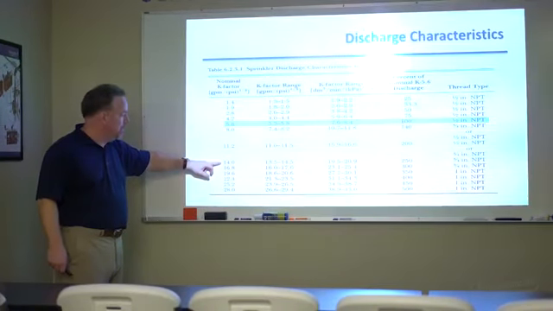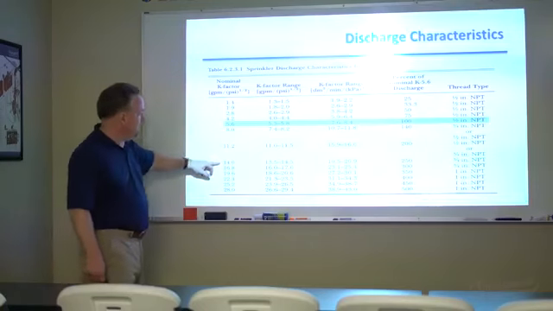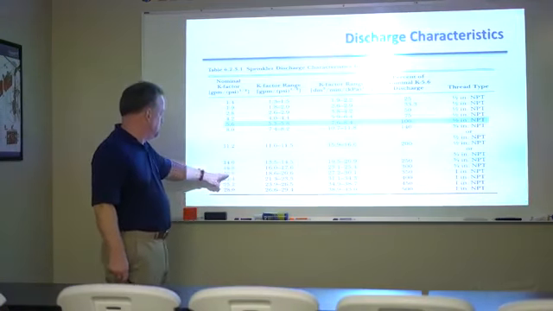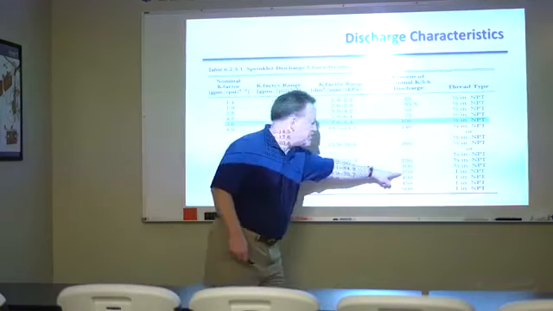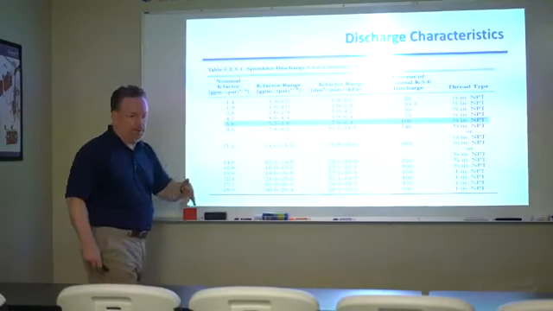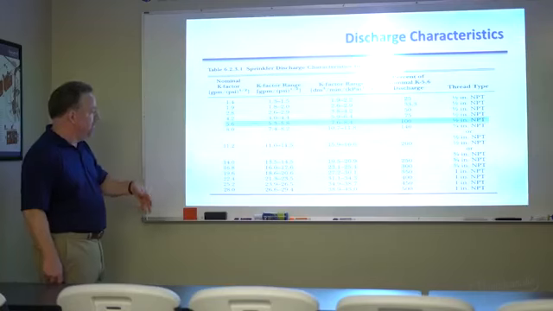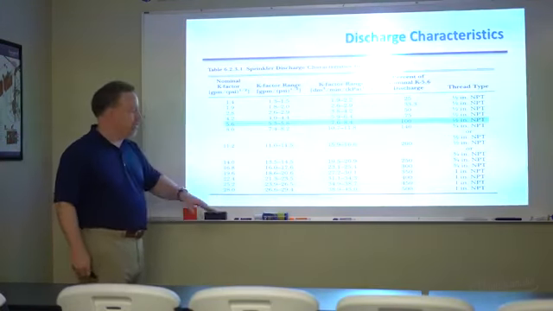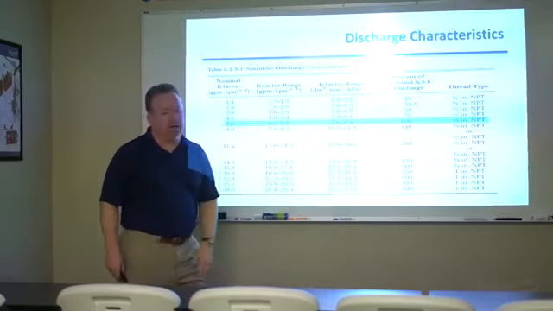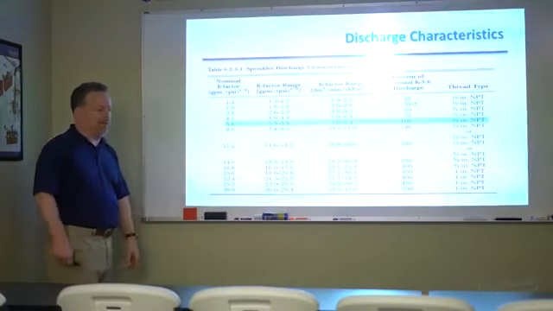Then we get up to our K18, the nominal K factor 19.6, and it's 3.5 times the amount of water. If you get all the way up to a K28, very large orifice, it's 5 times the amount of water that can flow out of that.